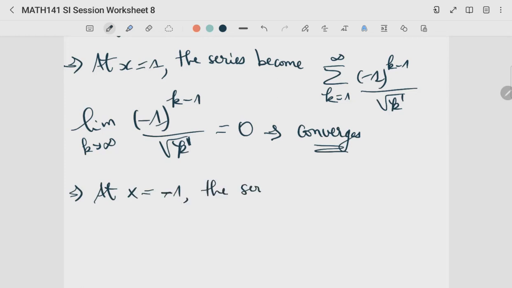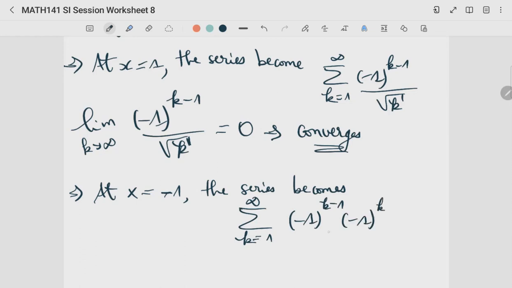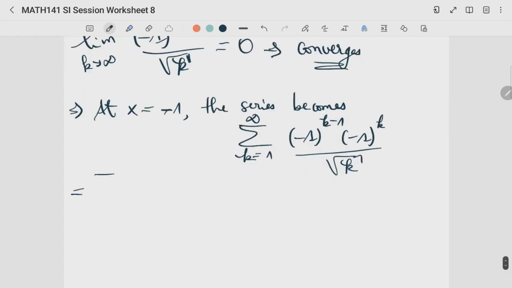At x is equal to -1, our series becomes the sum from k is equal to 1 to infinity of (-1)^(k-1) times (-1)^k divided by root of k, which we can simplify further to the sum as k goes from 1 to infinity of (-1)^(2k-1) divided by root of k.